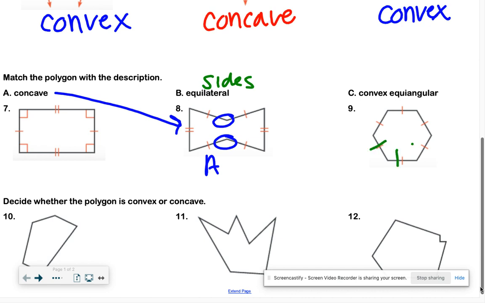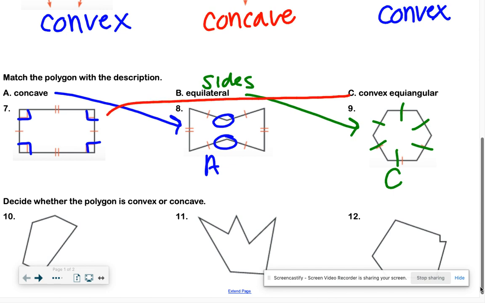All of these have just one tick mark. Put a C there. And C is saying convex and equiangular. So let's just make sure 7 works out. I have equal angles, so it's equiangular, and nothing dips in, so this indeed does work. So C goes with 7.